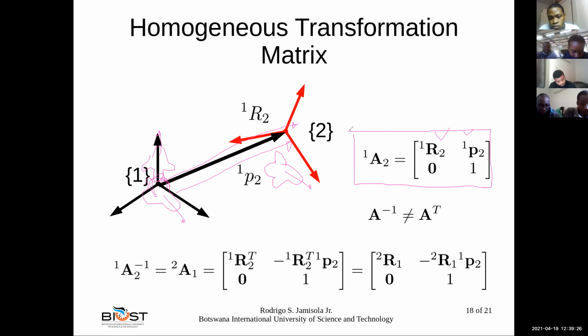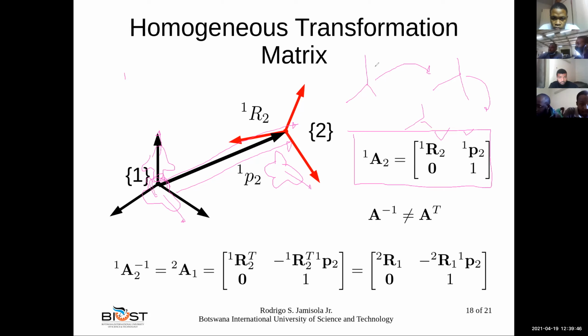Now how do you do this? When you transform, you move from one frame, rotate that frame, you move to another frame, and you move in another frame again. How do you do that? Well, it's the same thing. You post multiply those transformation matrices.